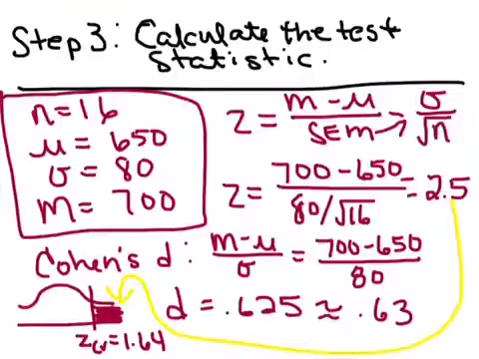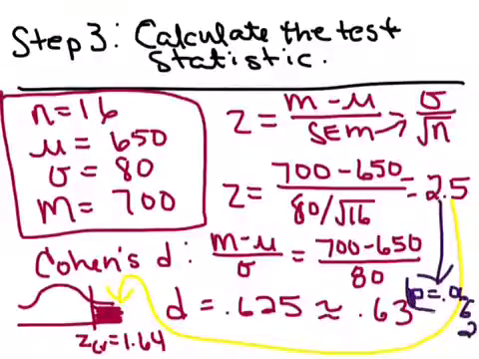All we do is look again in our unit normal table under the Z column, column A, and look for 2.50. Then go over and look in column C for the proportion or probability value. You should be getting p equals 0.0062.